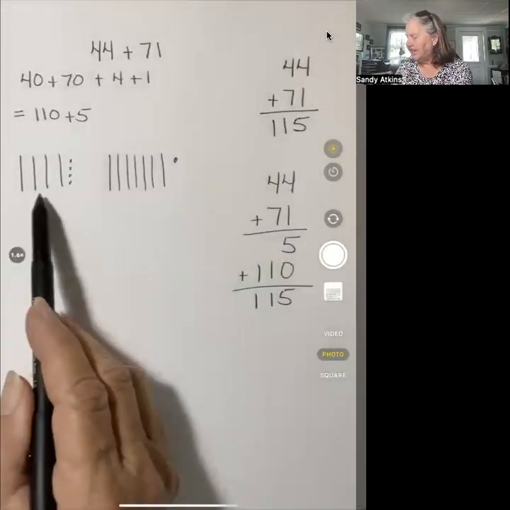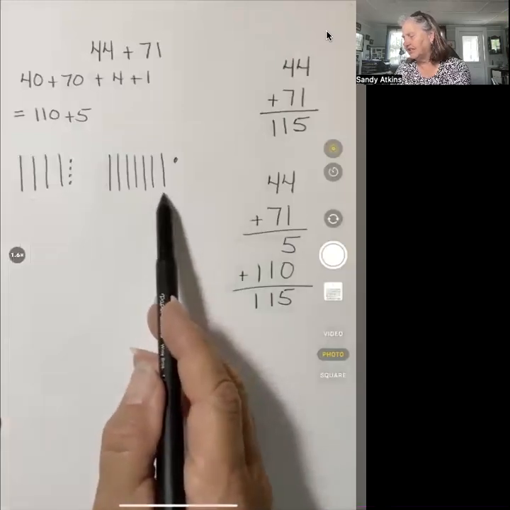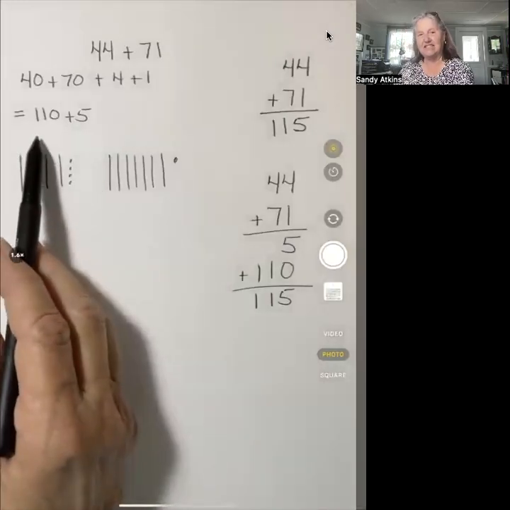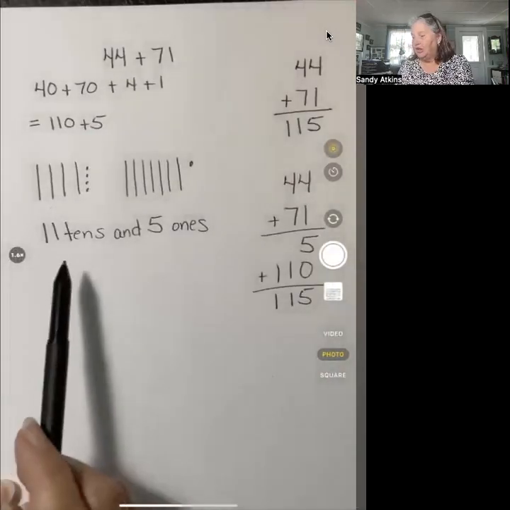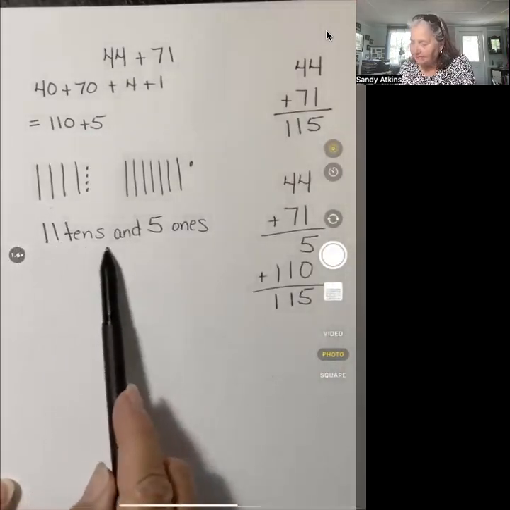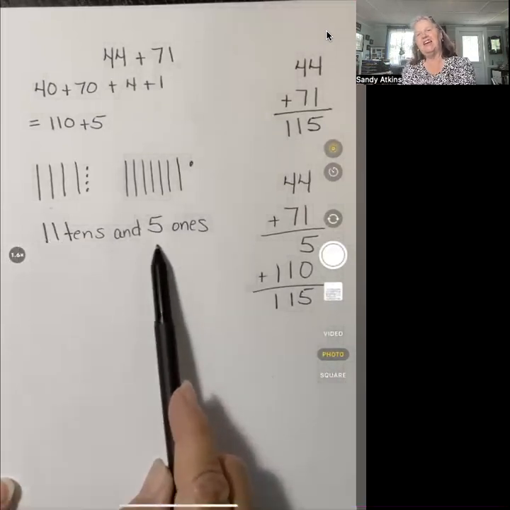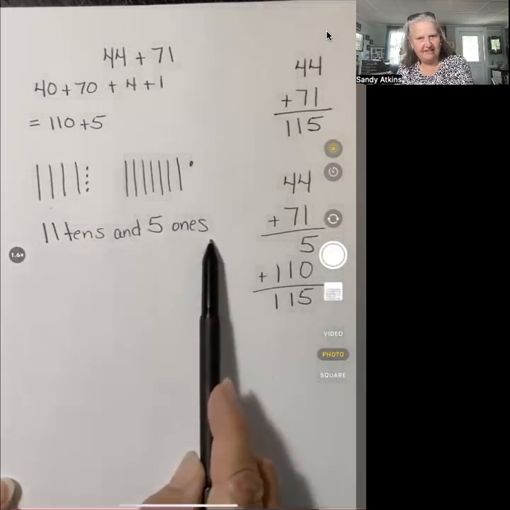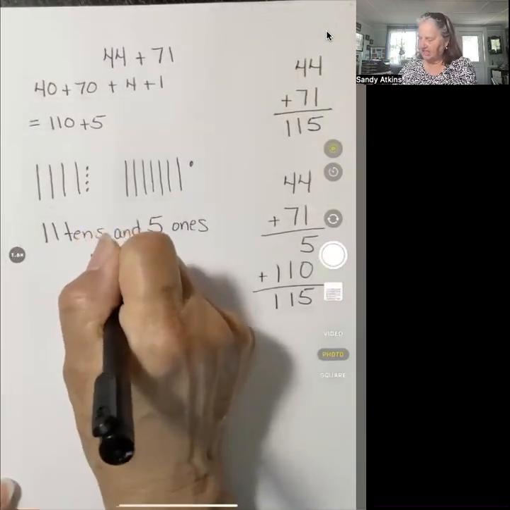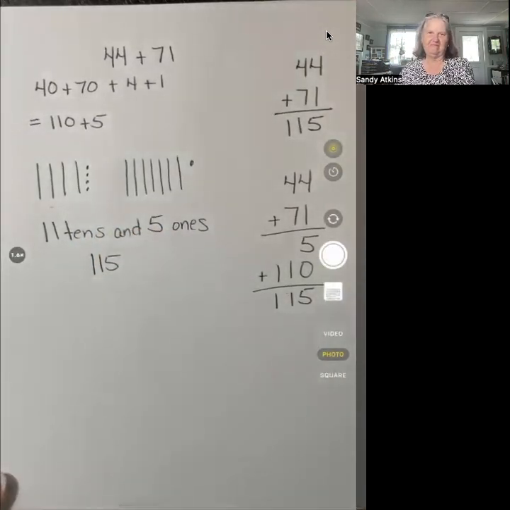So in this case, you notice when I was doing this, 4 tens and 7 tens gave me 11 tens I kept talking about. So you may see in some of your children's classrooms them writing first the number of tens they have and then the number of ones they have. And then after they write it, they put that together and still end up with 115.